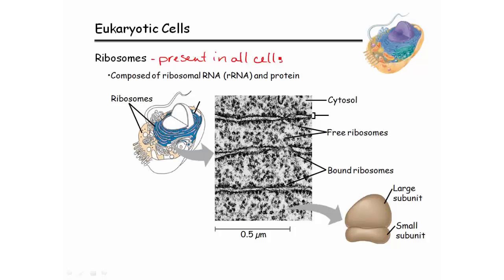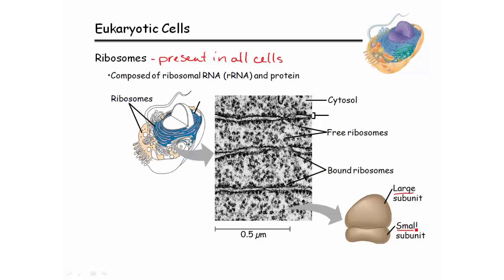And then they also have a protein component. The rRNA and the protein are going to be wrapped around each other and assembled together into some subunits. We will have what we call a large subunit because it's large, and we'll have a small subunit because it's small. And those 2 subunits will come together when the ribosome is actually functioning. If the ribosome is not working, these are going to be actually in pieces inside the cytoplasm.